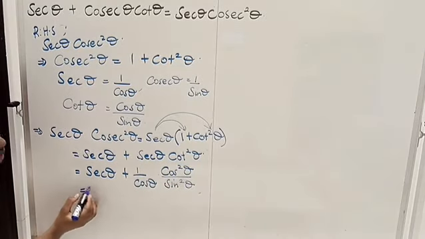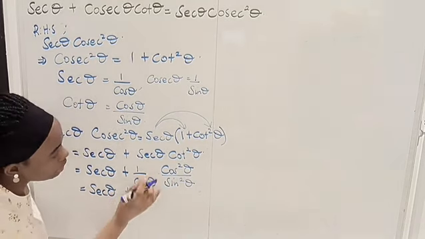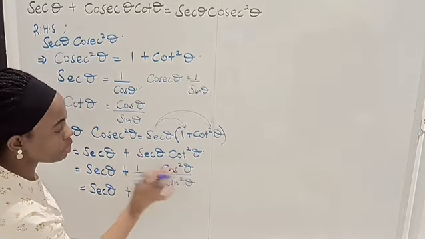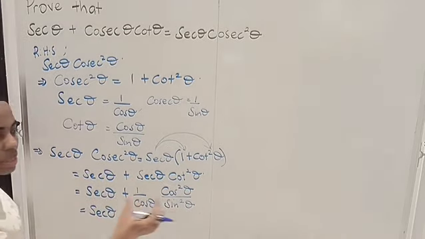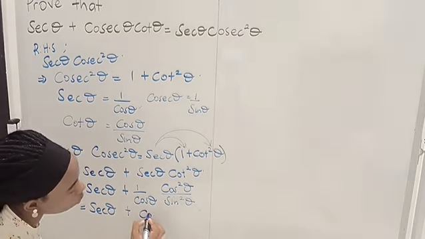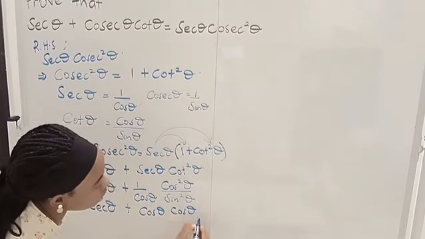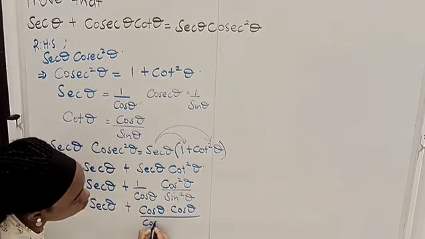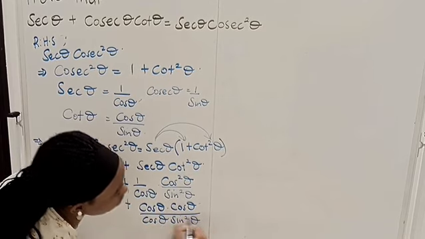Now let's go. I have sec theta here plus 1 times cos squared. This is the same as cos squared theta, but let me split it or separate it. I will have cos theta times cos theta divided by cos theta sine squared theta.